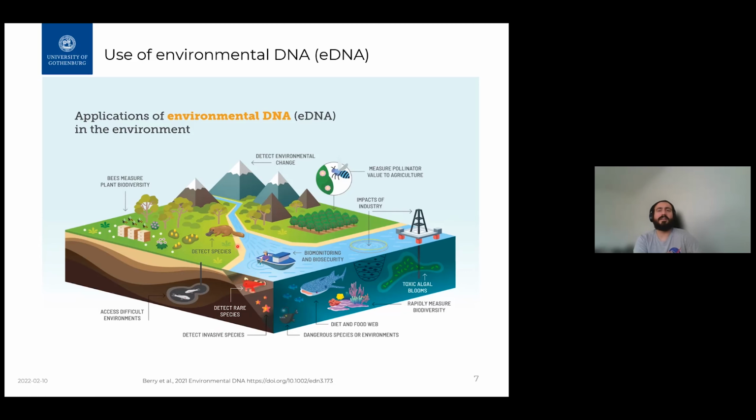For instance, caves, a lot of biodiversity has been discovered in caves, submarine caves, and also terrestrial caves. It has also been a powerful tool for algae or algal bloom detection of certain toxic organisms.